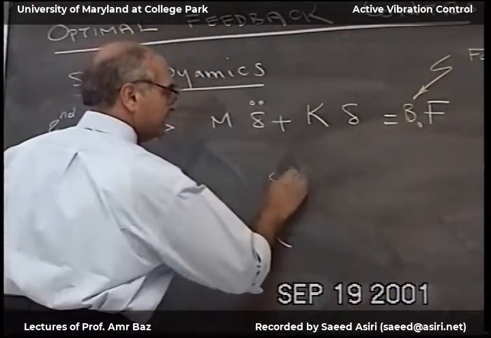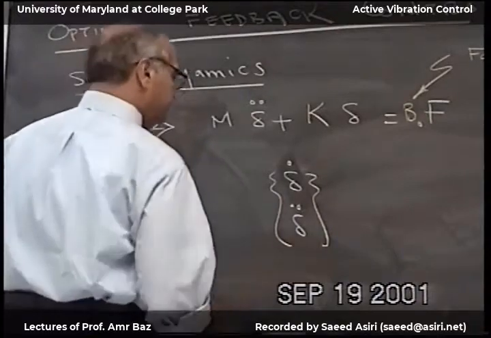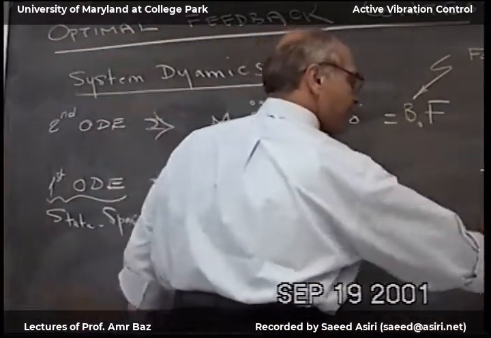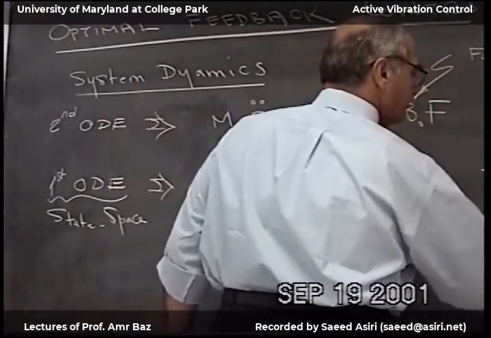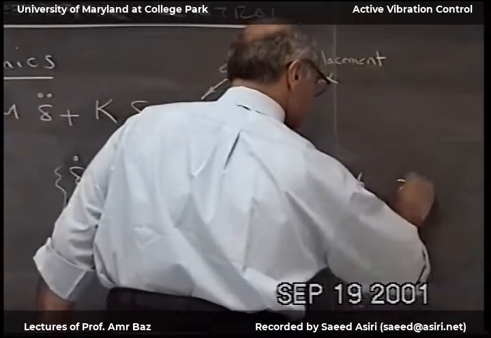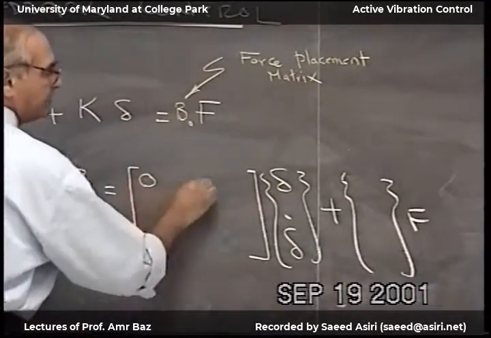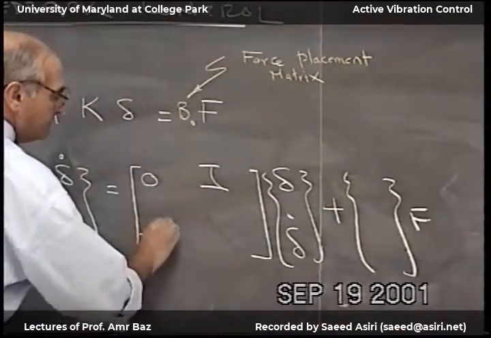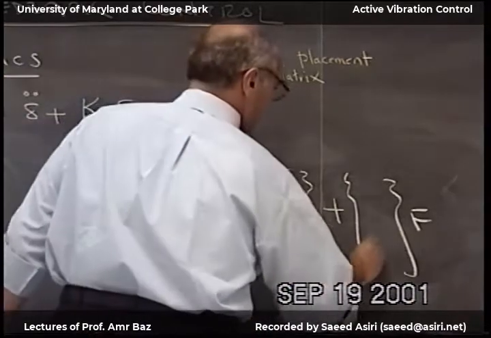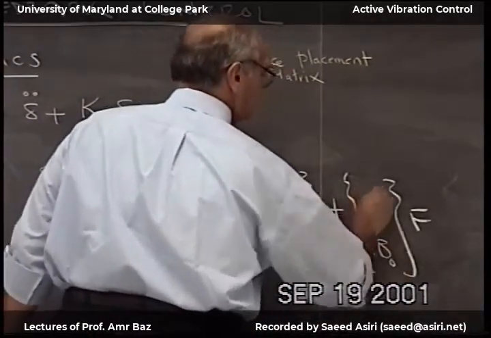I'll make this delta dot, delta double dot is equal to delta and delta dot. This would be 0 and identity, minus M inverse K, 0 and then M inverse, 0 and 0.